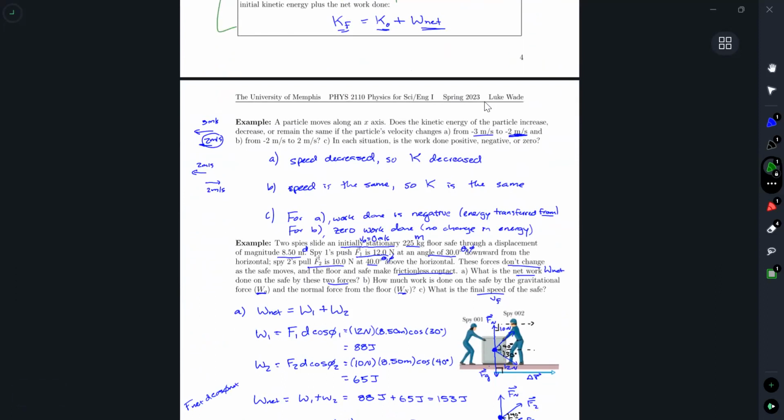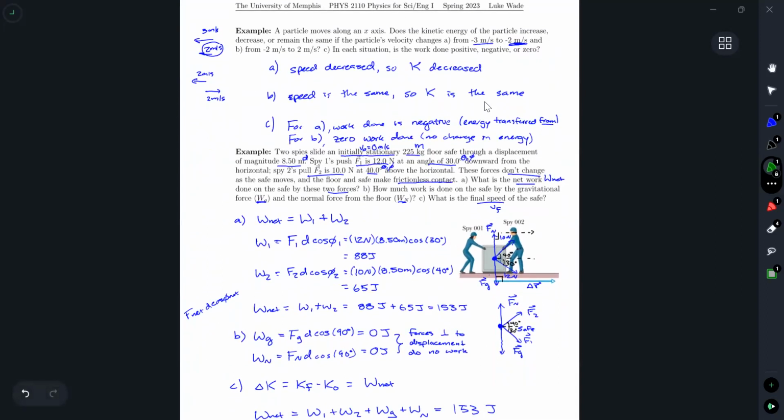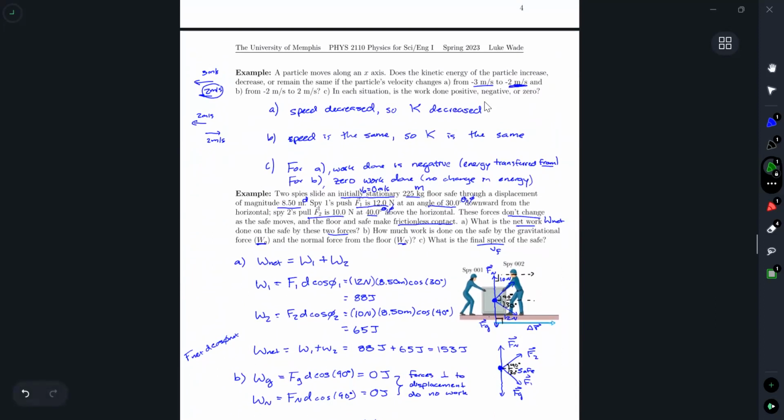So I would say an exam problem on the work energy theorem sits somewhere between these two, in that you're given some information about the speed and how it changed maybe, and I want to know the net work done.